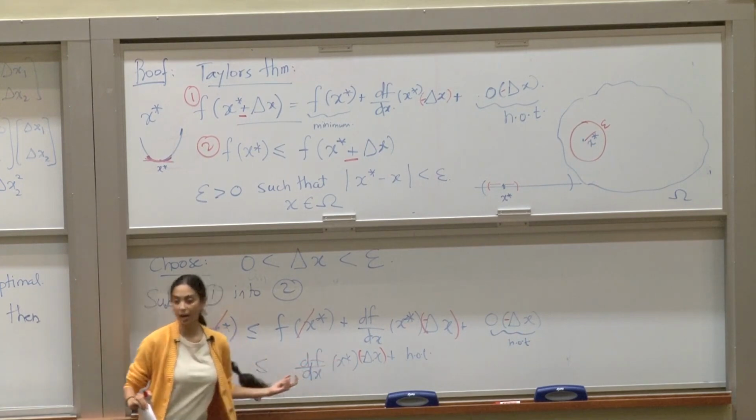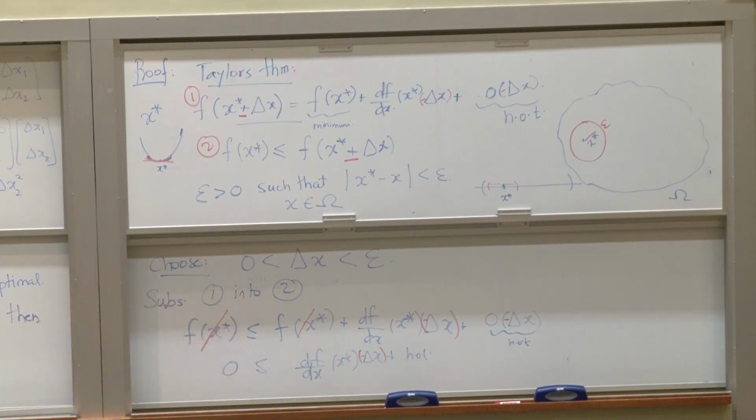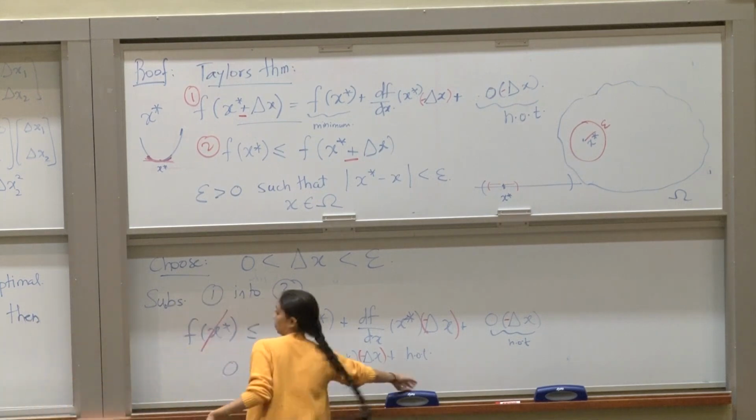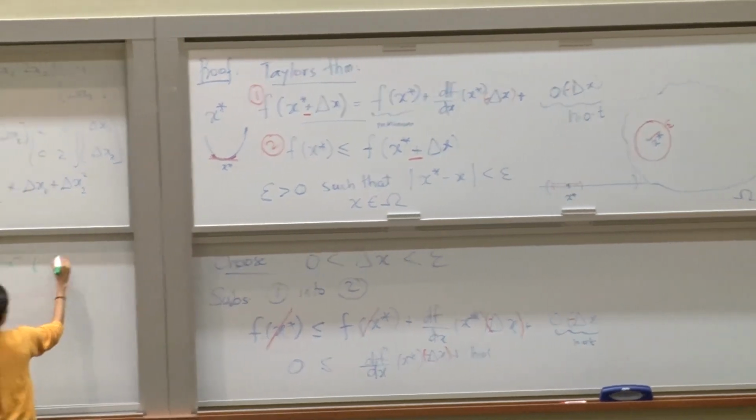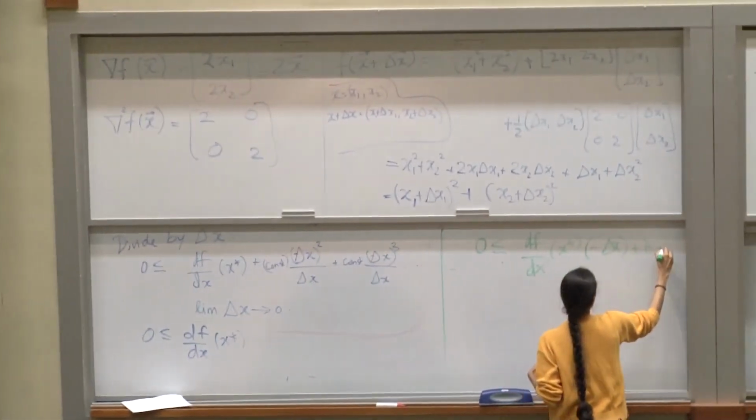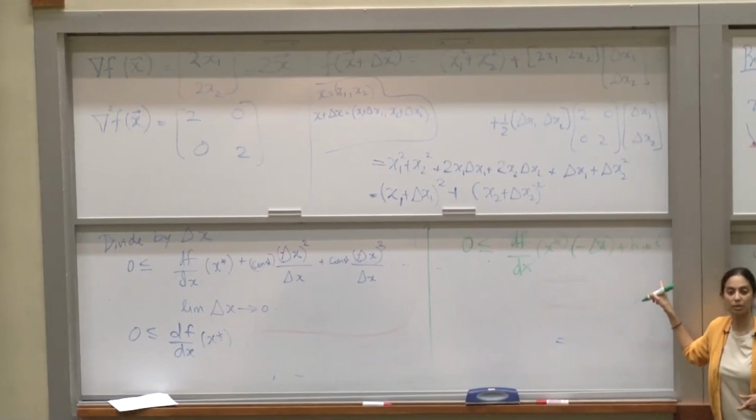So when I now divide out delta x, what am I going to get? I have 0 less than or equal to df by dx at x star times minus delta x plus higher order terms. Again, I'm going to divide by delta x.